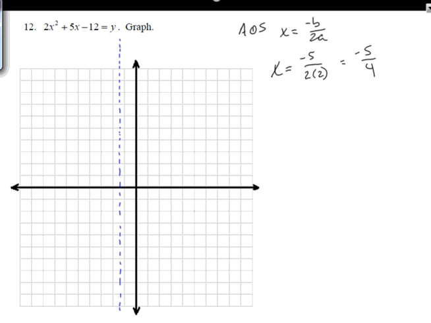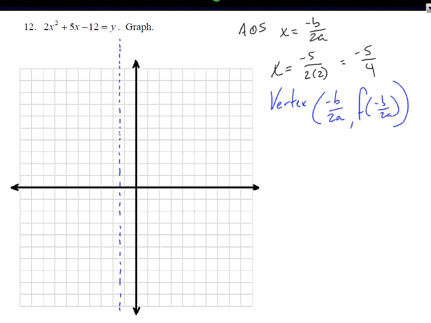To find my vertex, remember it's the opposite of b over 2a, and then f of the opposite of b over 2a. Whatever value we find for our axis of symmetry, we plug that back in and solve with it. So I plug this one in, so I have negative 5 over 4. Then I substitute.